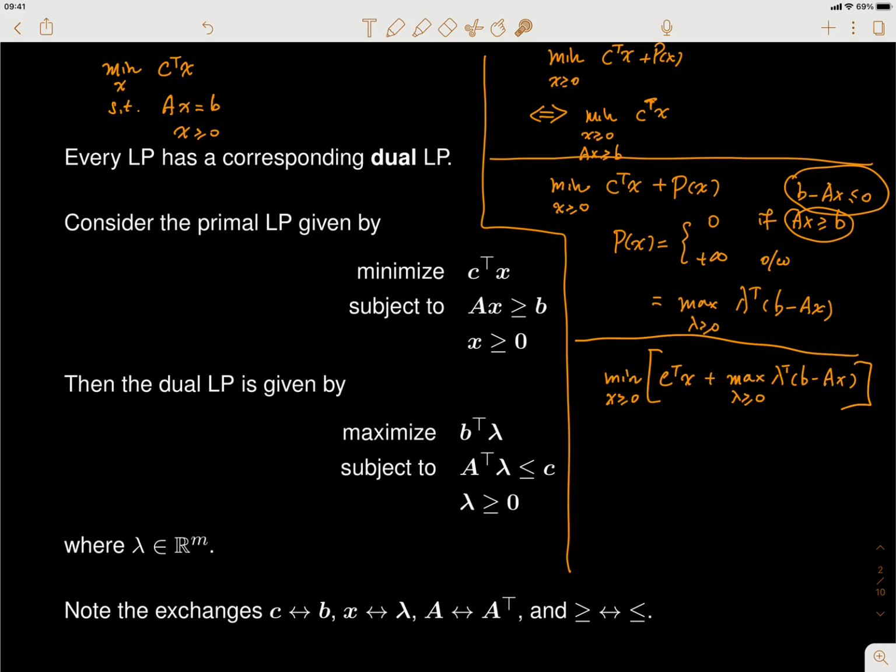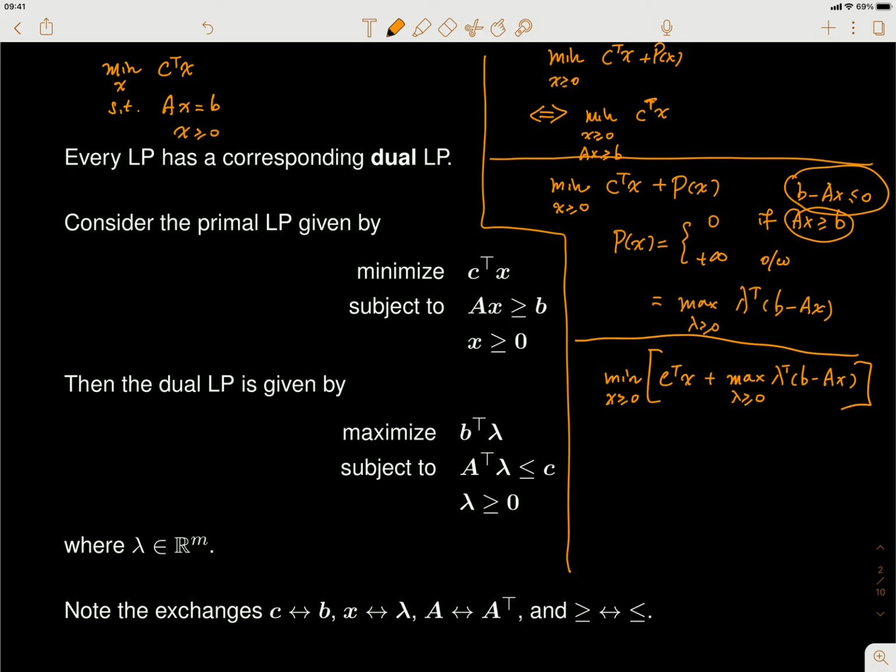So what this maximum means is that for every given x, we're going to find the maximum value of this. Apparently it depends on lambda, but whatever it is, we just compute the maximum value of this. So this actually can be treated as a function of x, and that is the p(x) we just showed. It's a function of x, and then we're just minimizing c transpose times x plus this p(x). Okay, so that's the same problem.